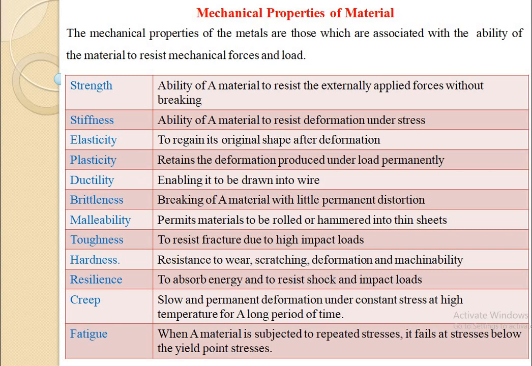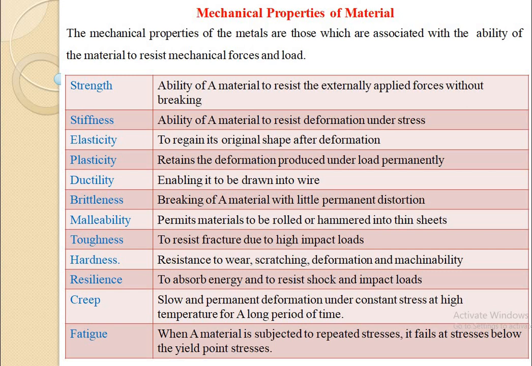You have already studied this concept in mechanical engineering materials. You have understood what the different properties of the materials are. So just have a look at the different mechanical properties of the materials. The mechanical properties of the metals are those which are associated with the ability of the material to resist mechanical forces.